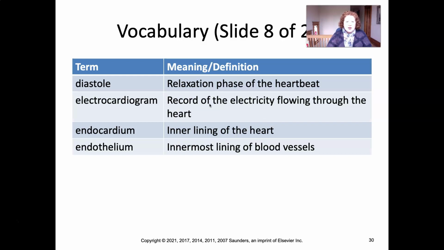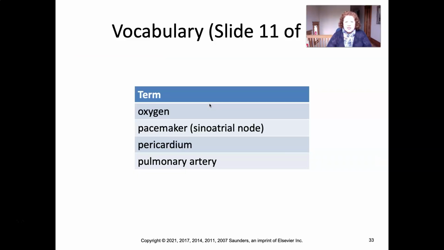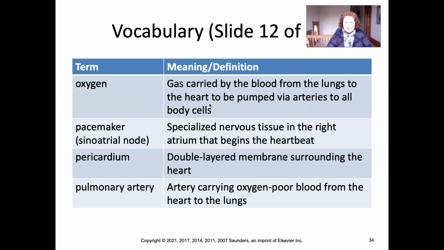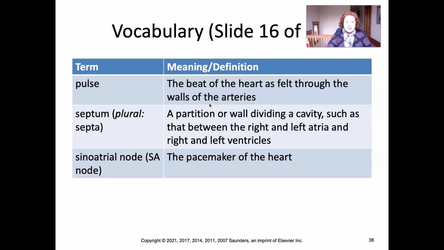Diastole, electrocardiogram, endocardium, endothelium. Mitral valve, murmur, myocardium, normal sinus rhythm. Oxygen, pacemaker, which is your SA node again, your sinoatrial node. Pericardium, pulmonary artery, pulmonary circulation, pulmonary valve, pulmonary vein. Pulse, septum, plural is septa, sinoatrial node or SA node.